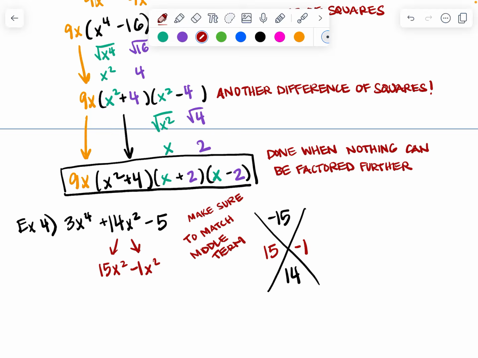So you'll see here, this tells you what you're going to be using when you break up those numbers. And then we'll bring down, oops, minus 5 and 3x to the power of 4.